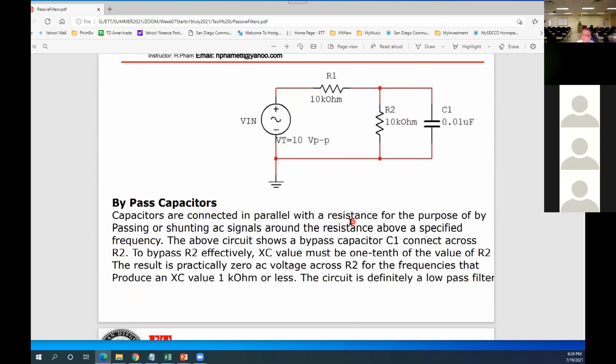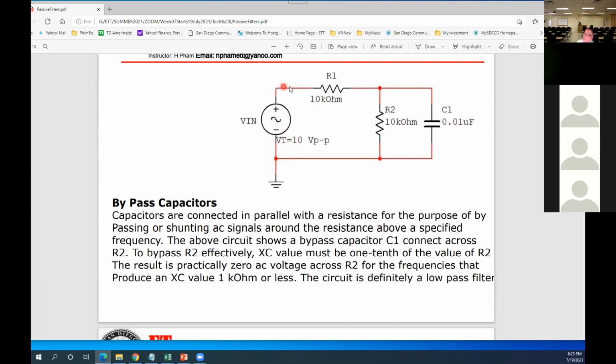Now, bypass capacitor. If you're looking at this circuitry here, you have R1, R2, and the capacitor here. But they are not low pass. This capacitor, they go bypass. Bypass R2. What they want to bypass is R2.